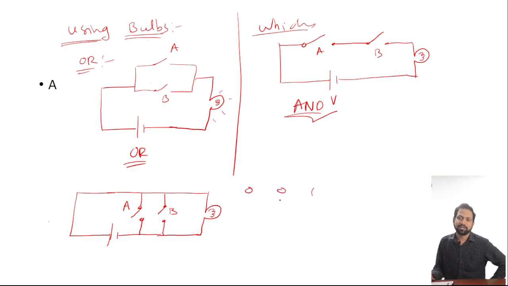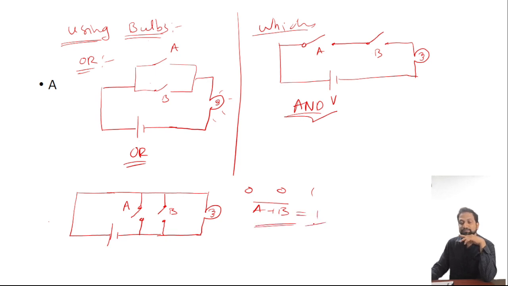It is a NOR gate, A plus B whole bar. If any one is closed, then the output will be low. So it is a NOR gate. This is how we have to construct logic gates using bulbs.